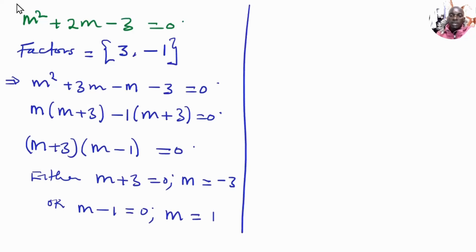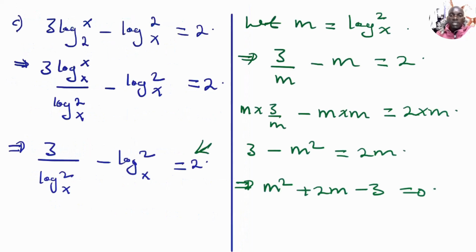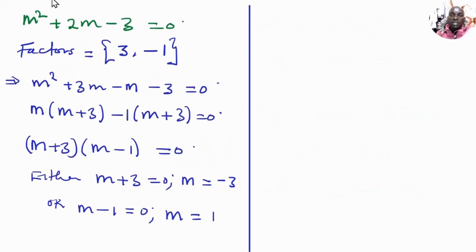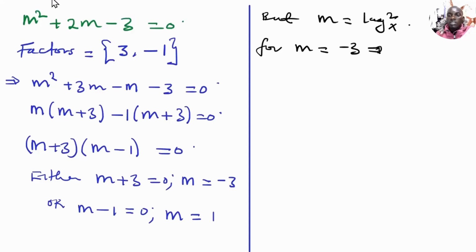So from here, remember we let m be the log of 2 base x. So for m equals negative 3, it means that log of 2 base x equals negative 3, whereby this negative 3 is the power, x is the base, and 2 is the number. What does it mean?